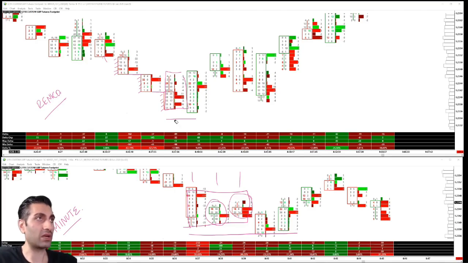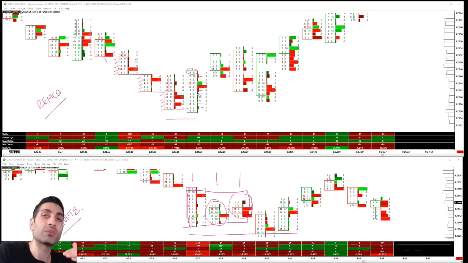Now, remember what I said, for it to reverse, it needs twice as many to go the other way. So there's the close, right? 1, 2, 3, 4, 5, 6, 7, 8, 9, 10. So it needed 10, and the reason it's showing 1 extra is because it got to 10, but then it needed market orders to push it past 10.